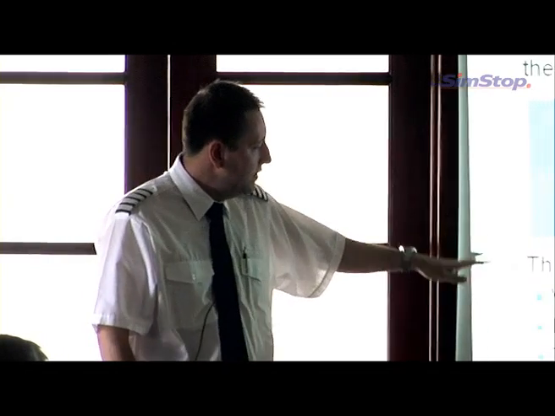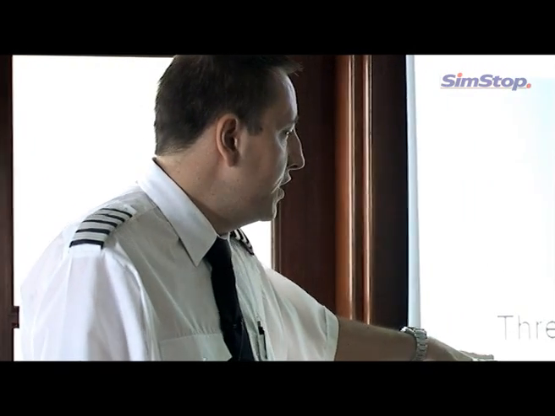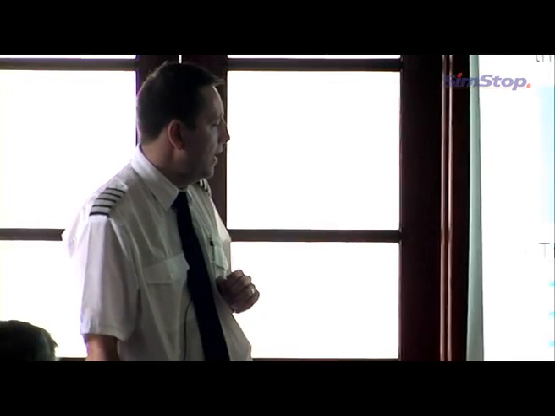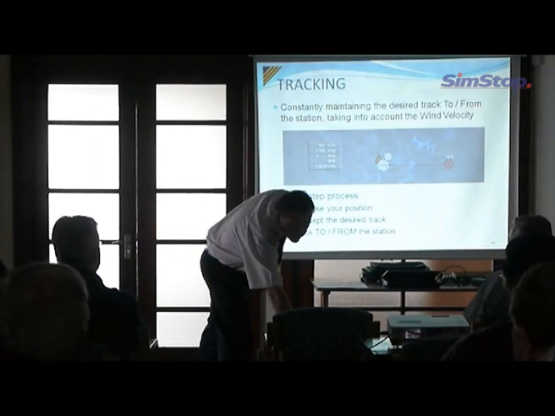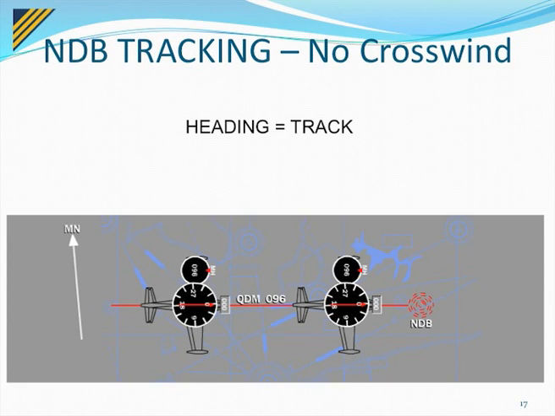But it does, again, require some mental gymnastics in terms of visualize your position, what you have to do to intercept a track to or from a station, and then you must track to or from that station given the wind velocity. The difference between track and heading is drift, which is obviously given by the wind. So NDB tracking, no crosswind, heading equals track.